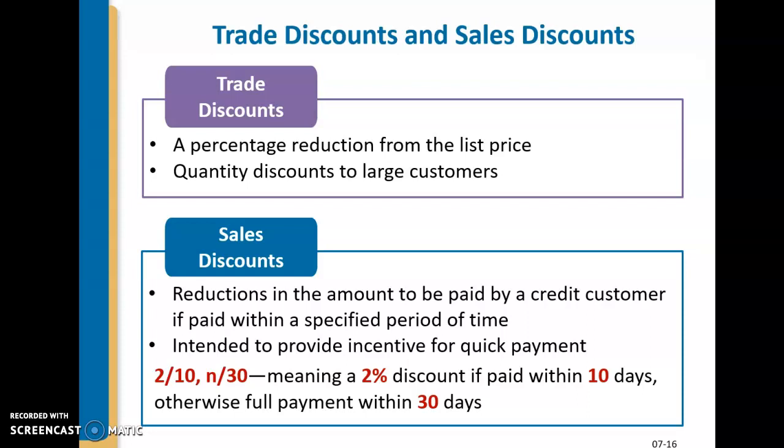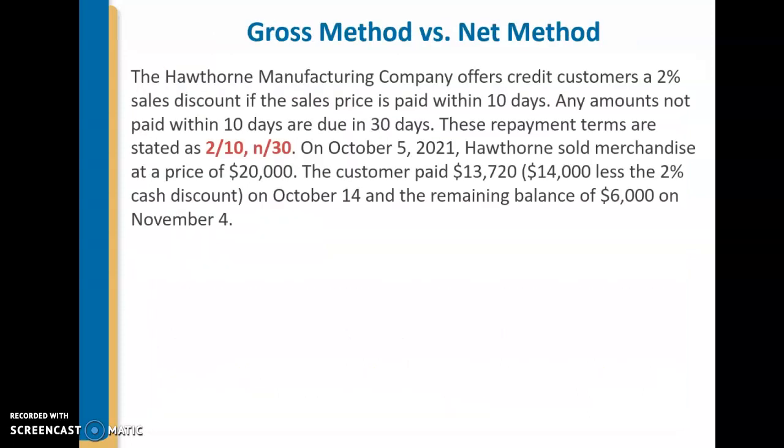The purpose of a sales discount is an incentive to get the customer to pay quickly. A typical sales discount would be 2/10 net 30, meaning that a customer can take a 2% discount if they pay the bill within 10 days. Otherwise, full payment is due within 30 days. This was covered thoroughly in Accounting 301.